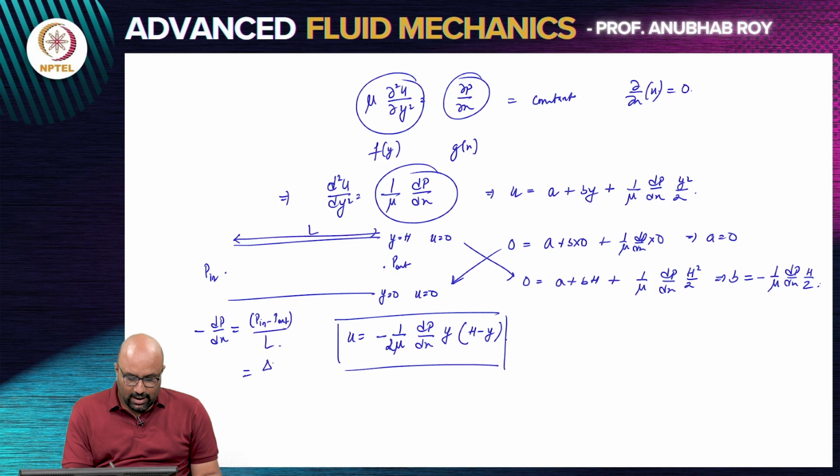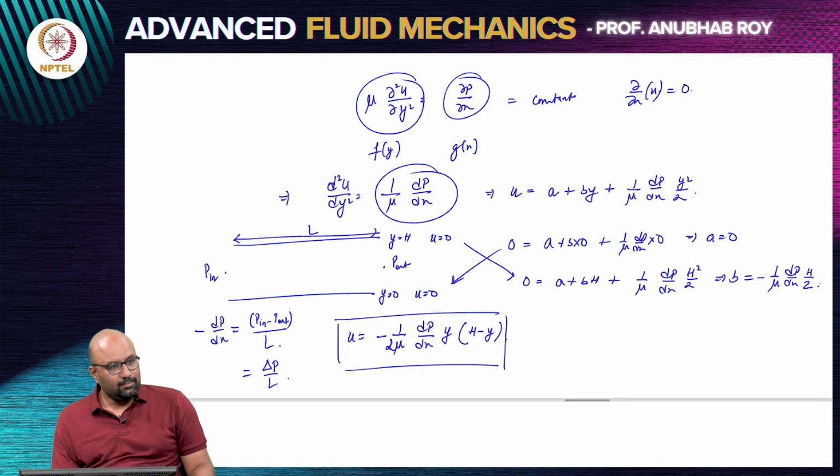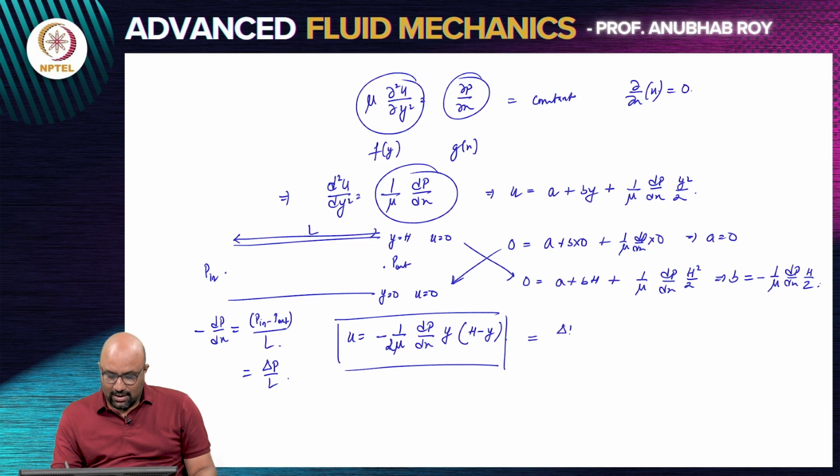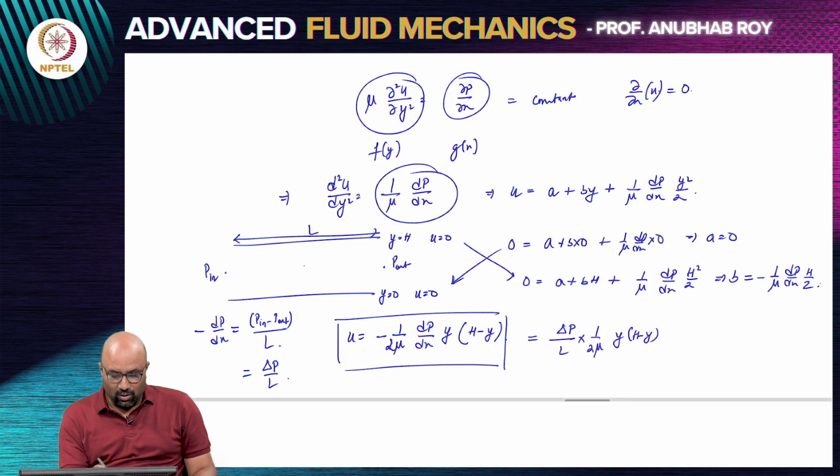So this is ΔP/L, where ΔP is the inlet pressure minus the outlet pressure. So I can write this as ΔP/L into 1/(2μ) y (h minus y). So here the flow is in the positive x direction. If you have the pressure on the right hand side being higher, then the flow will be moving towards the left. So this is your plane channel flow.